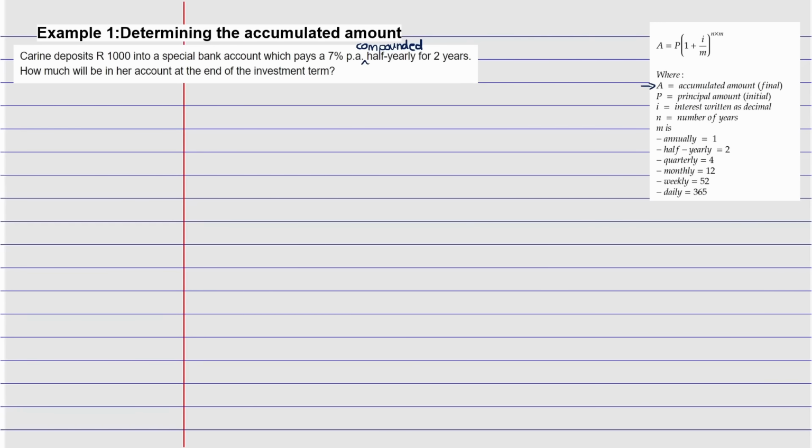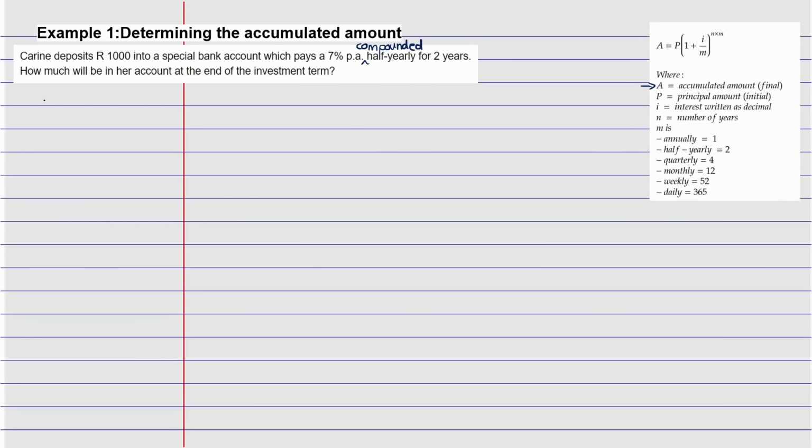Now let's take a look at the first example. It says Karina deposits 1,000 Rand into a special bank account which pays 7% compounded half yearly for 2 years. How much will be in the account at the end of the investment term?